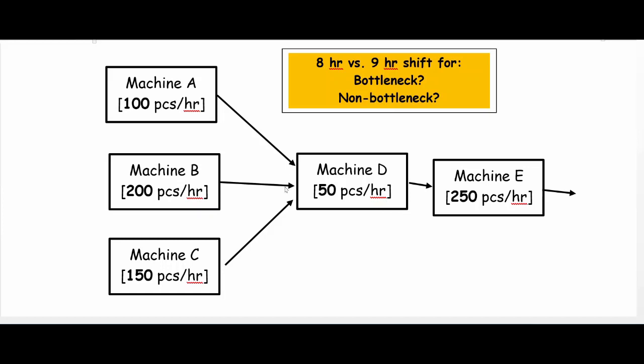Now, the problem is that after the first hour, this machine has sent over 100 pieces, but machine D can only produce 50 an hour, so after an hour, 50 pieces have been processed, and 50 of these pieces are just sitting here. It's even worse with machine B, because machine D can only process 50 an hour, so after the first hour, 150 of these will be waiting.